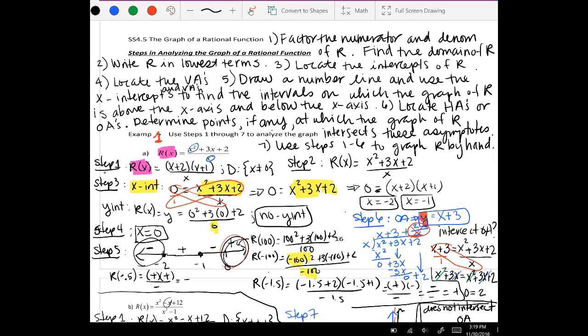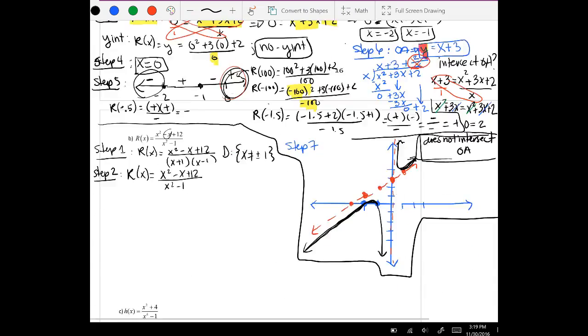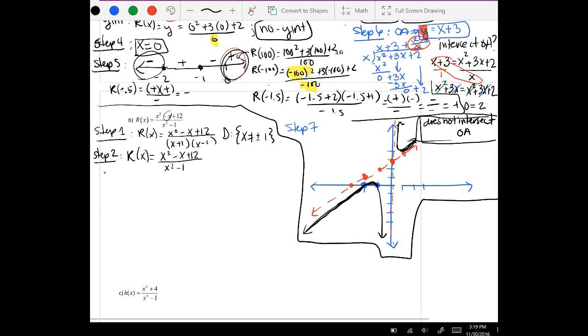Step 3, locate the x-intercept and the y-intercepts, okay? So if you remember on step 3, from the previous example, the x-intercept is simply taking this numerator and setting it equal to 0. So x squared minus x plus 12 equals 0.